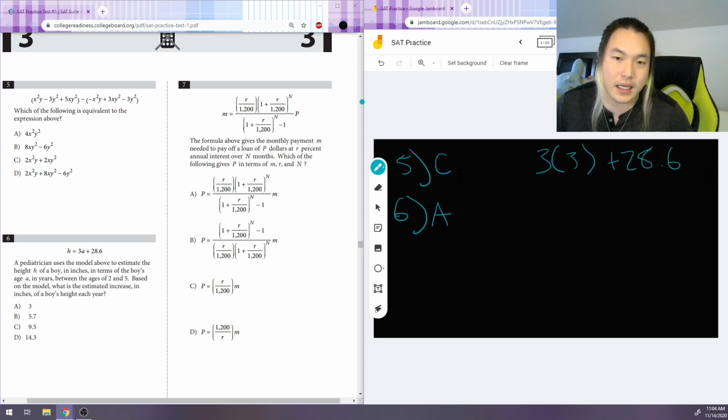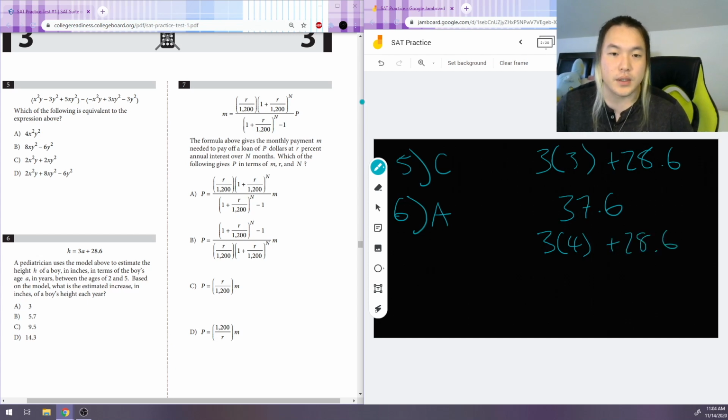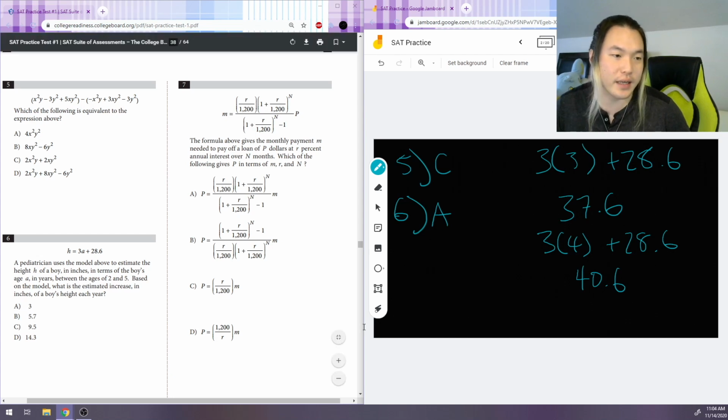So that's 9. 9 plus 28.6 would be 37.6. And then how about when you're 4? So 3 times 4 is 12. 12 plus this would be 40.6. So here you can see the difference between 37.6 and 40.6 is exactly 3. And then if you're still not feeling super comfortable, you can also try like age 2 or age 5.